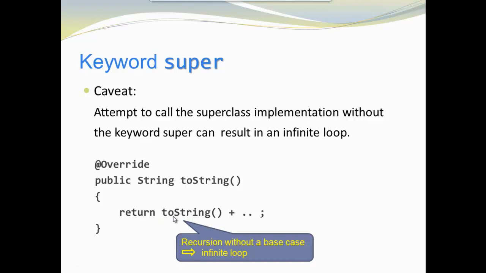I might intend to call the method from the superclass, but in reality, I call this very toString method from my own class, which means I am in a recursion. I'm calling myself over and over and over again. This is a recursion without a base case, which means I fill up the stack until I have a stack overflow. And this is something you want to avoid.